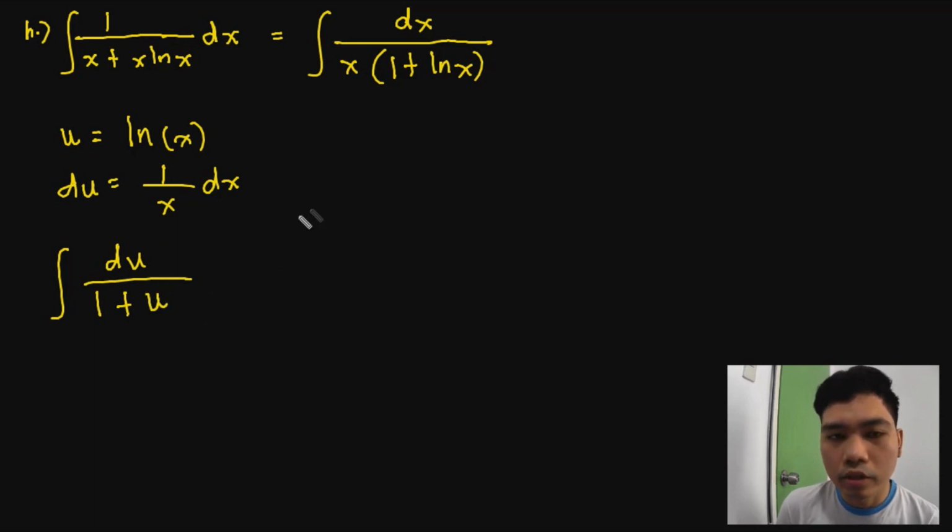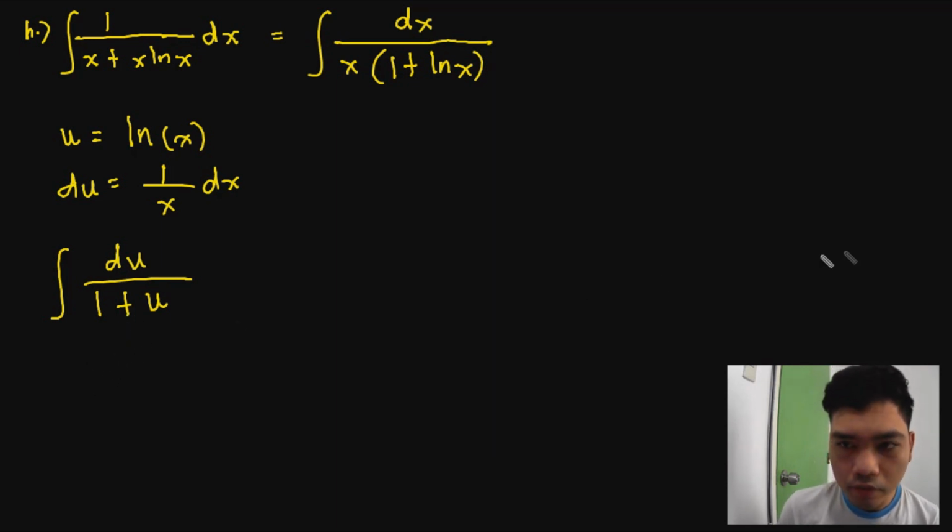This makes perfect sense because dx over x is simply du, and 1 plus u would be this 1 plus the natural logarithm of x. And now we can directly integrate this by our idea of integration.